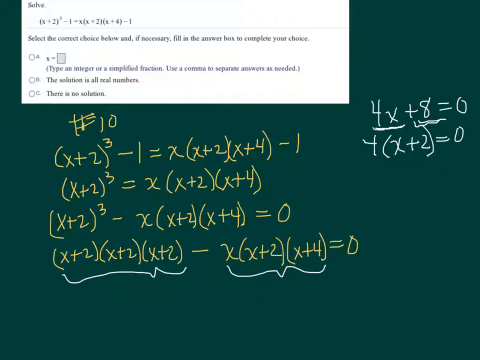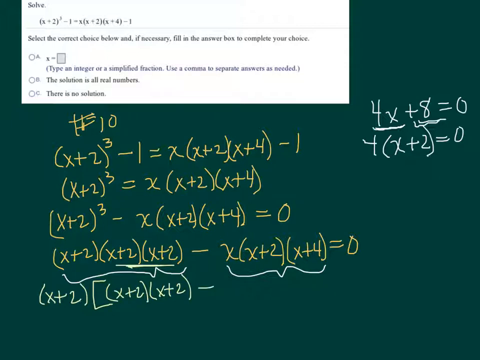They have an x + 2 in common. So I'm going to pull that x + 2 out to the front, and then we ask ourselves, what do we have left? Well, we only have two of these remaining now, so I have an x + 2 times an x + 2 here.